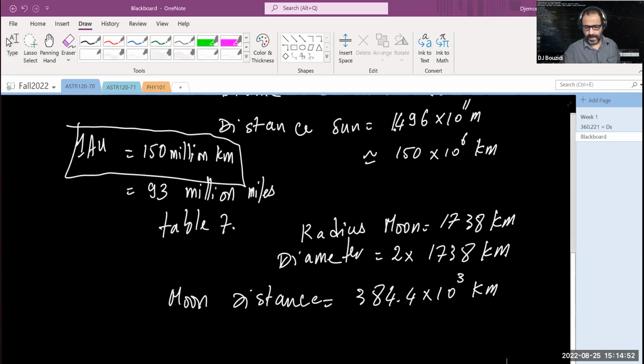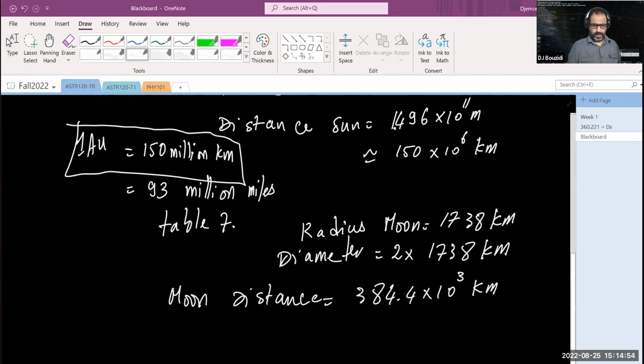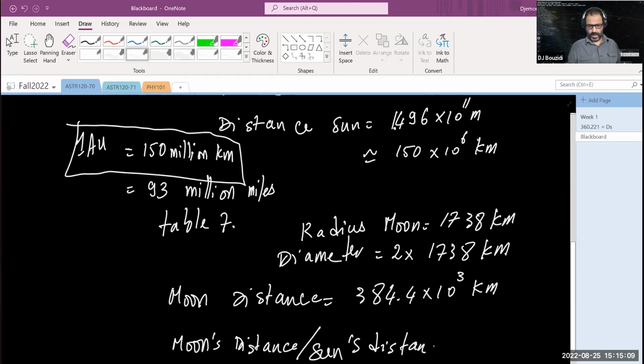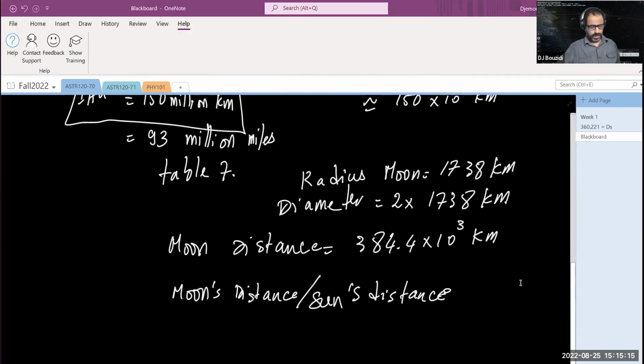If I do the ratios, so moon's distance divided by sun's distance. Okay, so in this case, or the other way around, it doesn't matter.